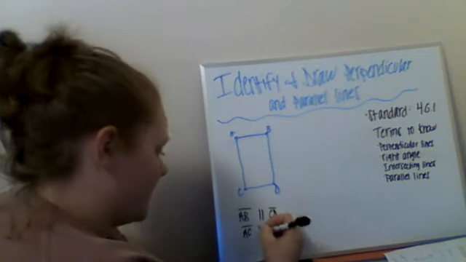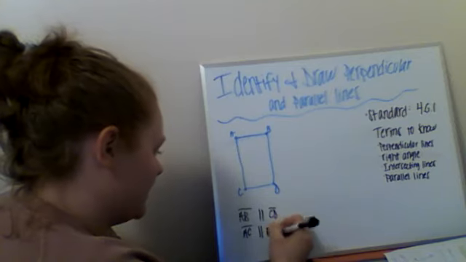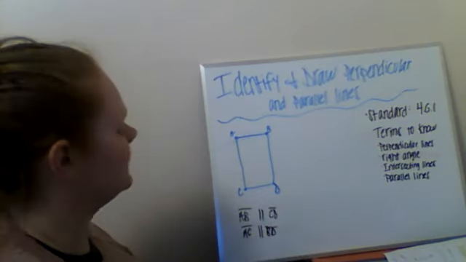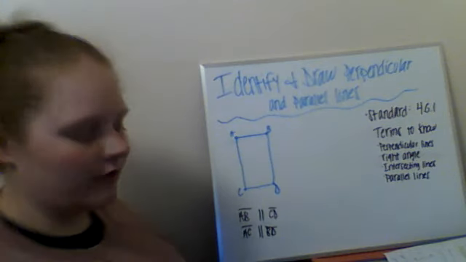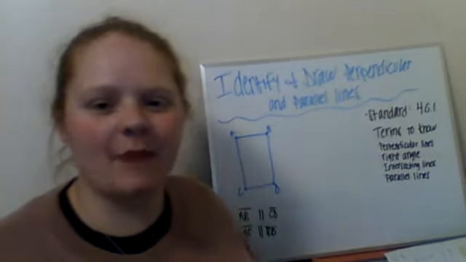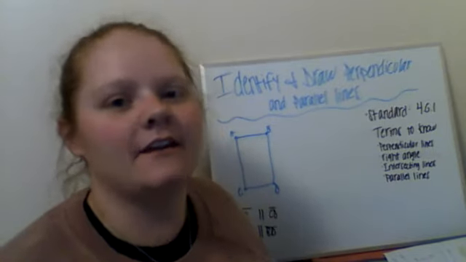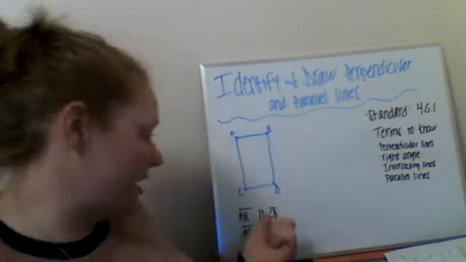So I'm going to put my parallel symbol right here, and then I'm going to do BD. All right? So those are my two sets of parallel lines. All right, so now you know what parallel lines are, you know how to identify them in a figure, and you know how to draw them using the parallel symbol.